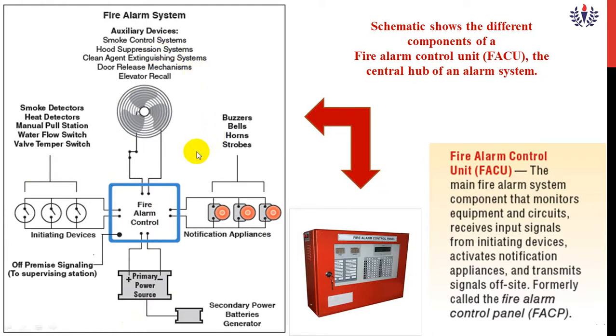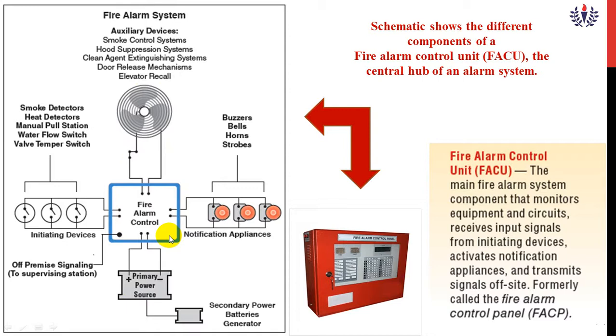This FACP contains the electronic components that supervise and monitor the integrity of wiring and components of the fire alarm system. This FACU basically serves as the brain of the fire alarm system. Without the FACU, you can't operate the fire alarm system.